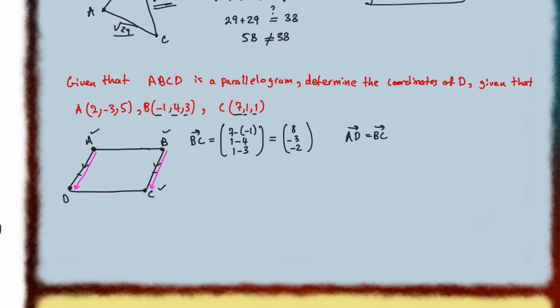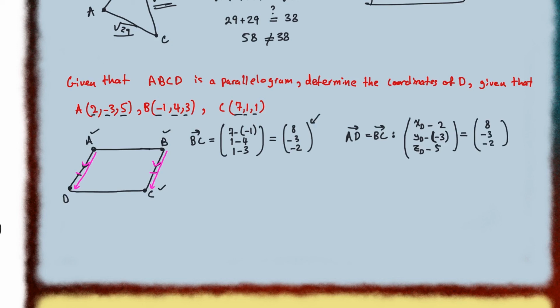And we know that vector AD is equal to vector BC because they're going in the same direction and they have the same magnitude. Vector AD is going to be the x component of point D minus the x component of point A, y component of D minus y component of A, and z component of D minus z component of A.